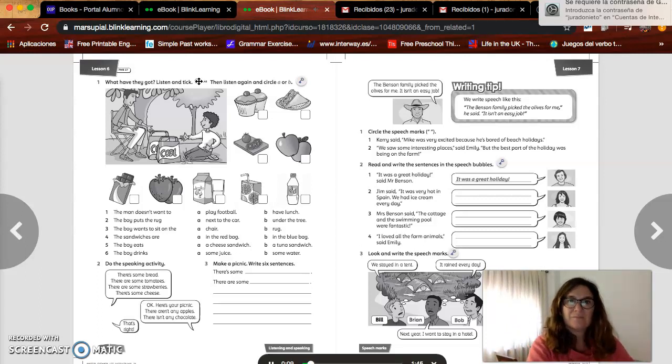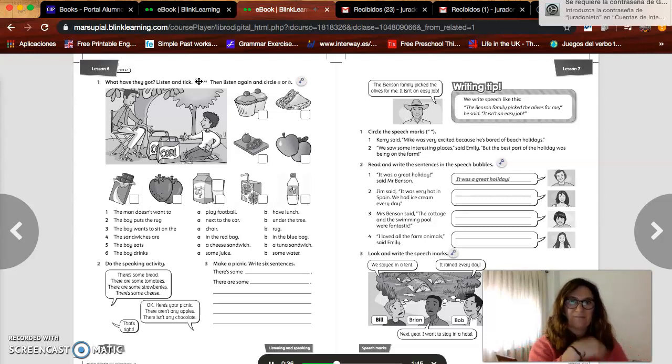Let's play football. No, I'm hungry. I want to have lunch. Okay. Have you got the picnic bags? Yes, they're here, next to the car. I'm putting the rug under the tree. Is that okay? That's fine. Okay. And here's the chair. Can I sit on the chair, Dad?